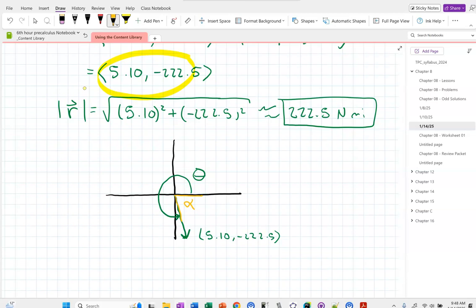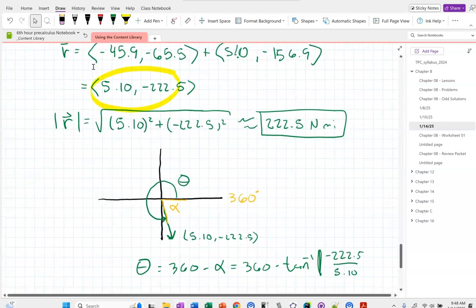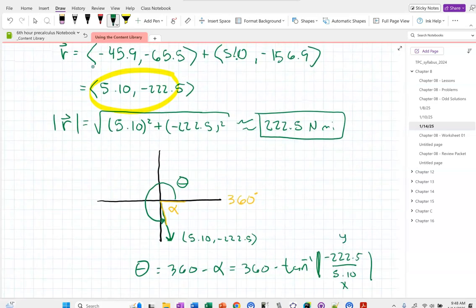That's going to be my alpha between the terminal side and the x-axis. That part of the x-axis corresponds to 360 degrees, and I can see clearly that 360 is more than my angle, so I should do 360 minus alpha. And remember, to find alpha, we always do tan inverse of the absolute value of my y coordinate over my x coordinate, just like we did in first semester.